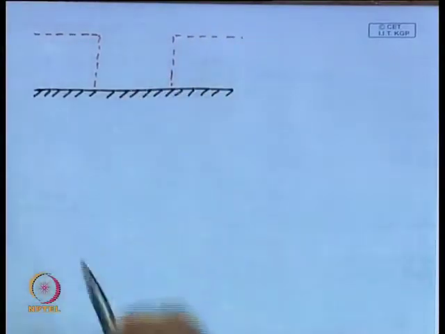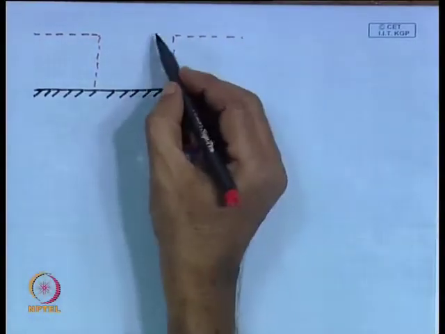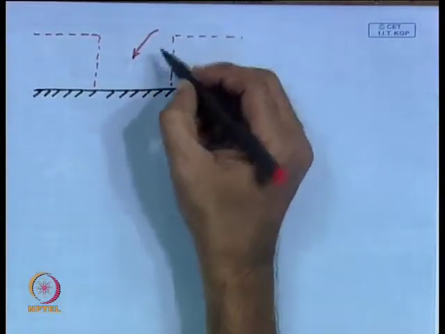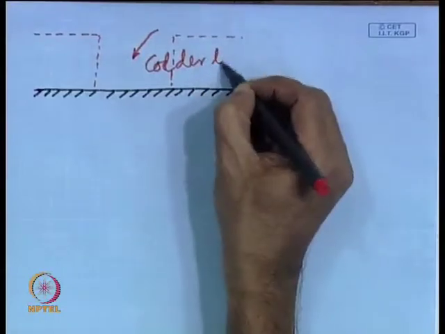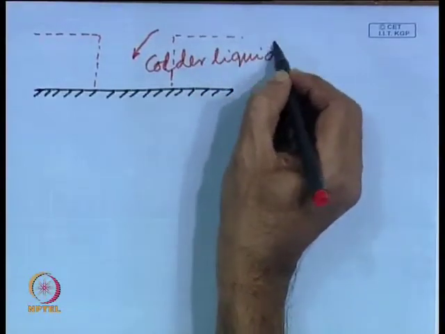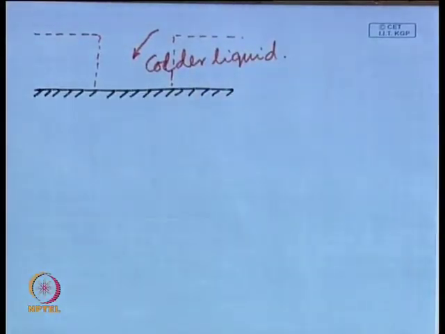This place cannot remain vacant, so it will be filled up by colder liquid, by surrounding colder liquid, or from the top the colder liquid will come and fill up this place. This is a very simplistic representation of the process.